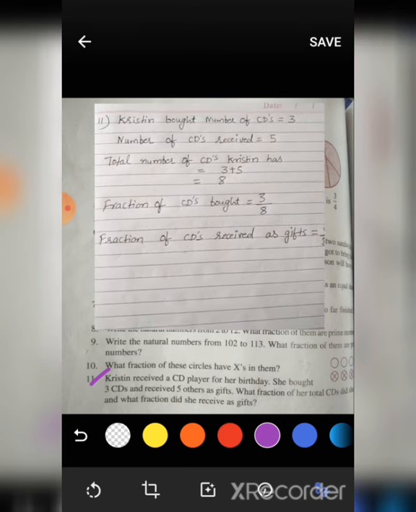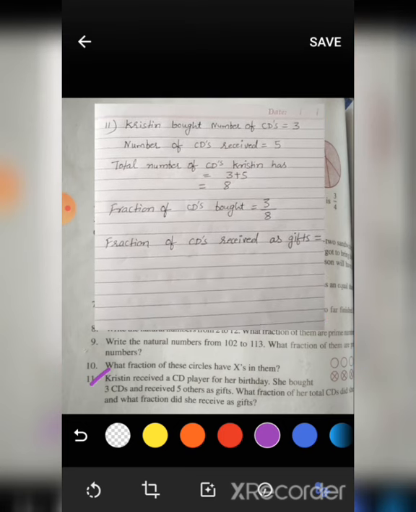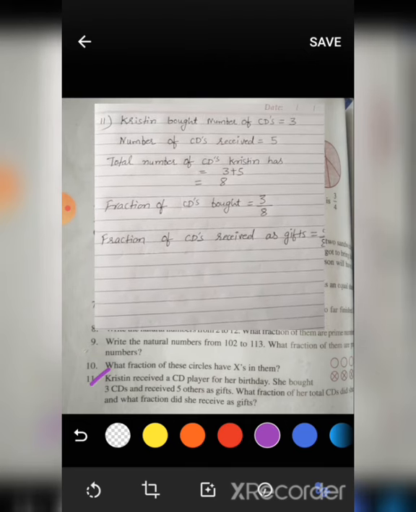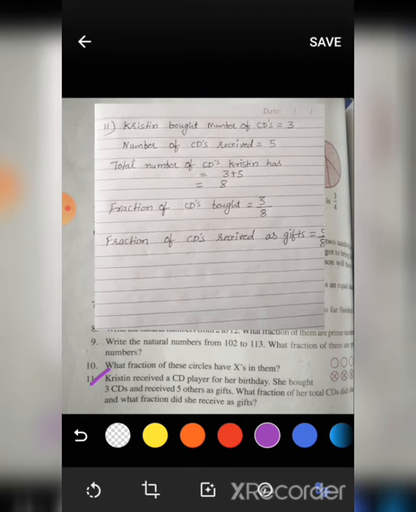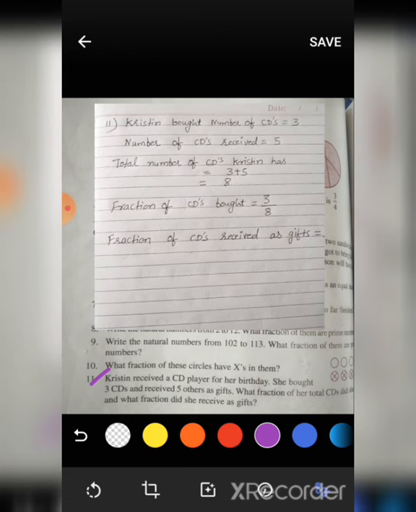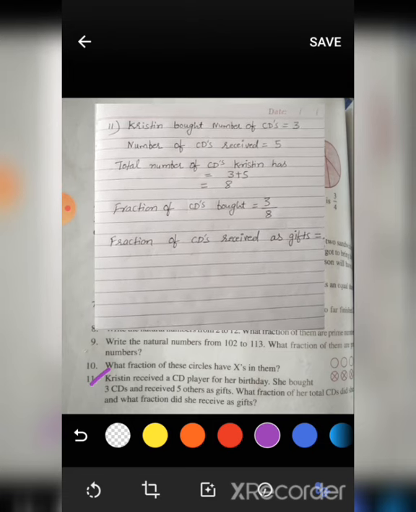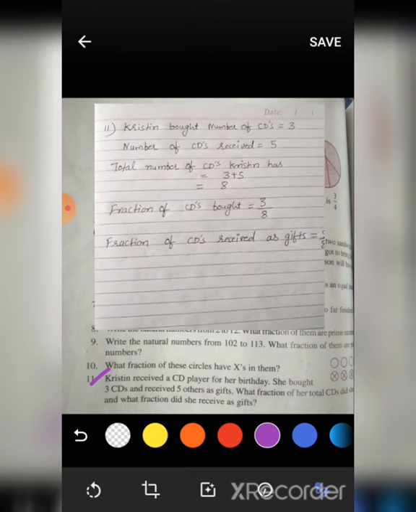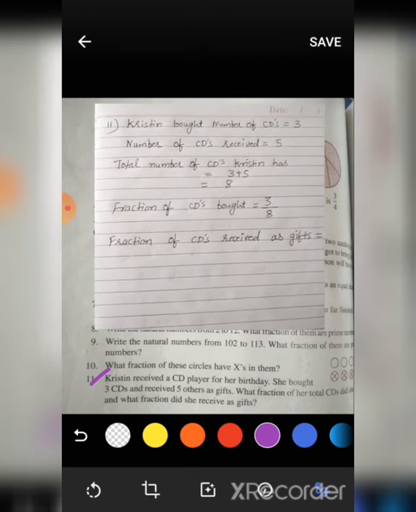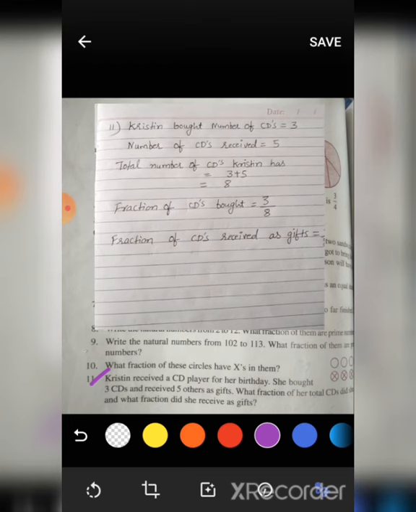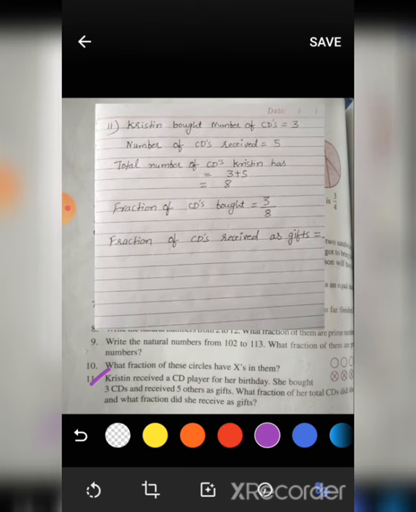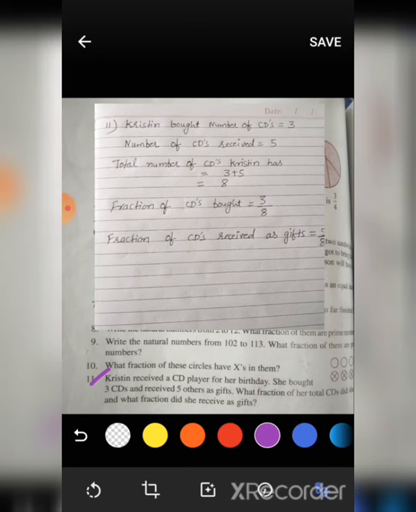Christian is a girl. She got a CD player on her birthday. And now what does she need? She needs CDs for playing on the CD player. So she bought some CDs, that are 3, and some CDs she received as a gift. So you have to write the fraction for both the number of CDs she bought and the number of CDs she received as a gift.